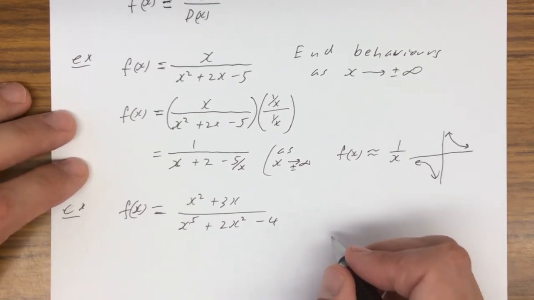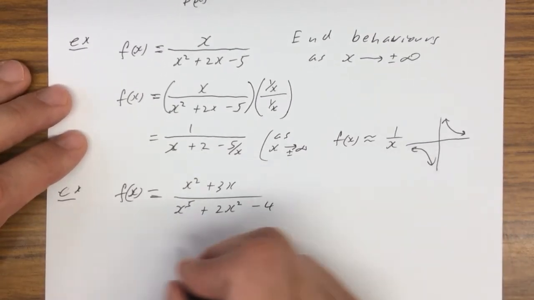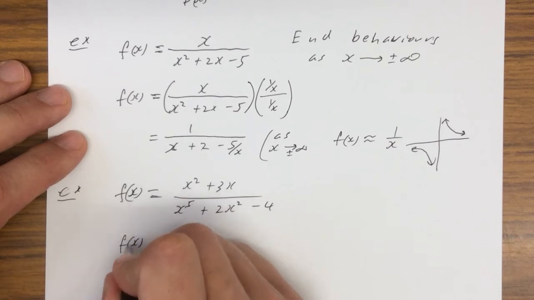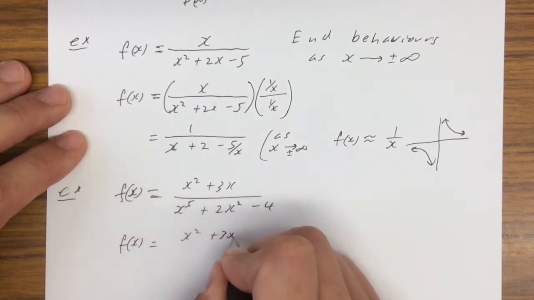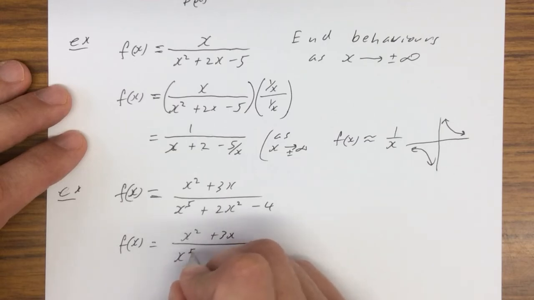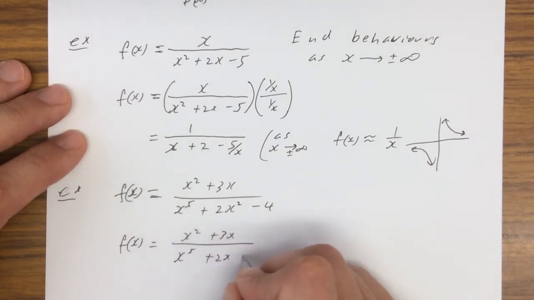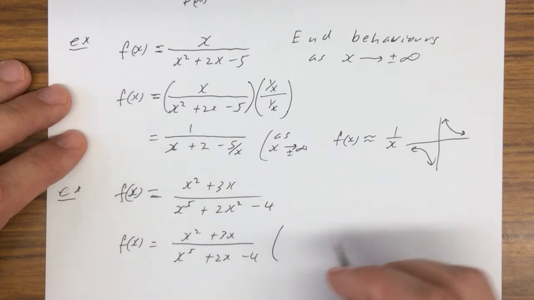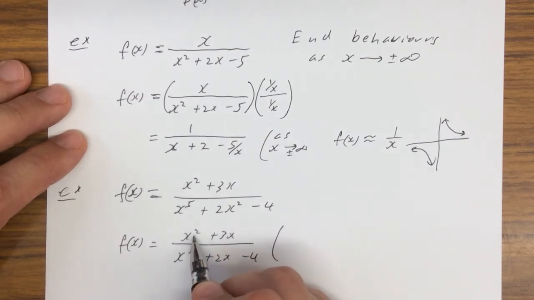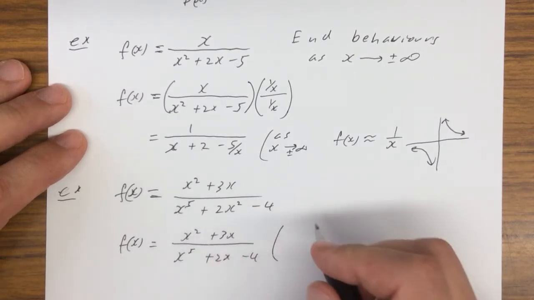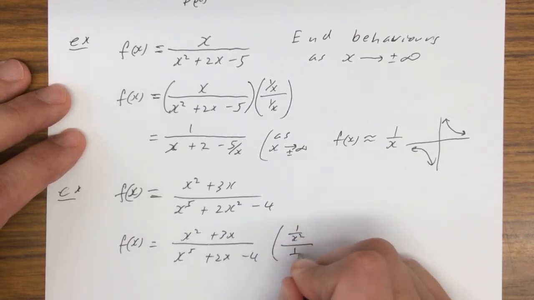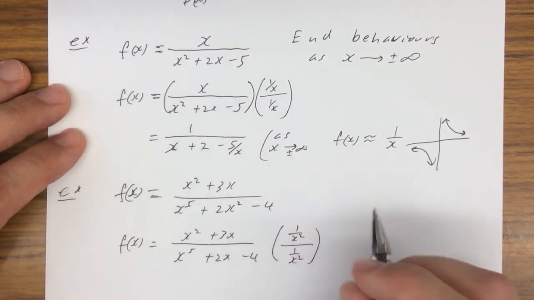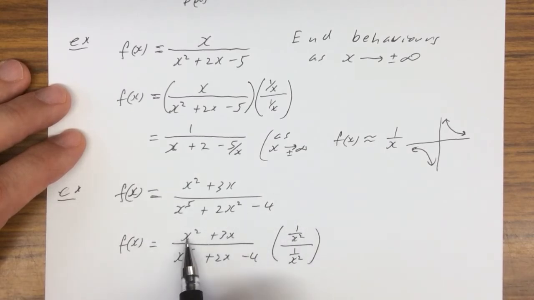If we're going to analyze this as x goes to infinity, then f of x is equal to x squared plus 3x over x to the 5th plus 2x squared minus 4. I'm going to multiply the top and bottom, this time by 1 over x squared. So I'm multiplying by 1 over the highest degree on the top for this one.